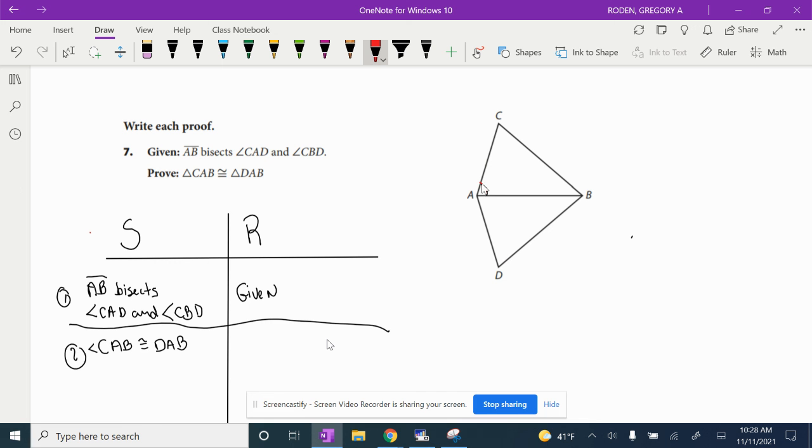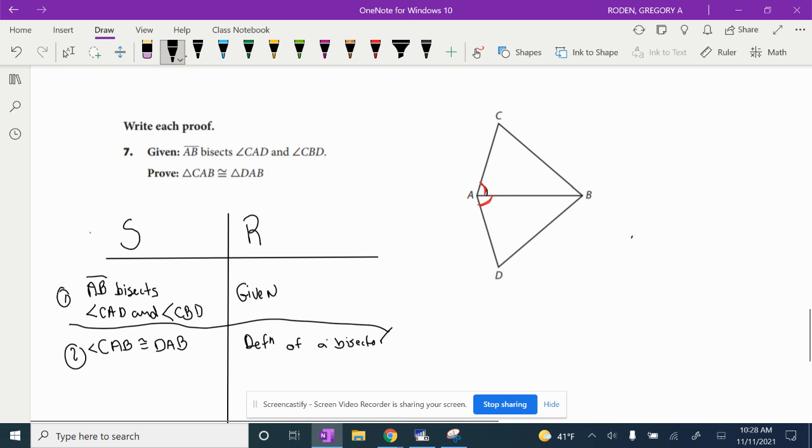So look here, I can say that these two angles are congruent. Why can I say that? It's the definition of a bisector. That's what bisectors do, guys. They split angles into two congruent angles. So this is the definition of a bisector.